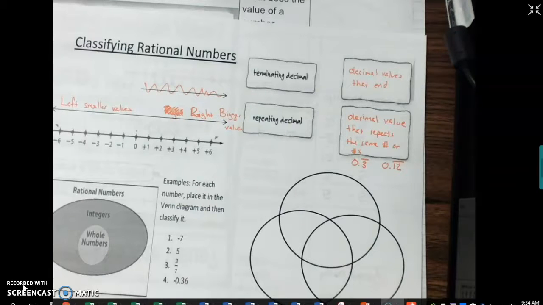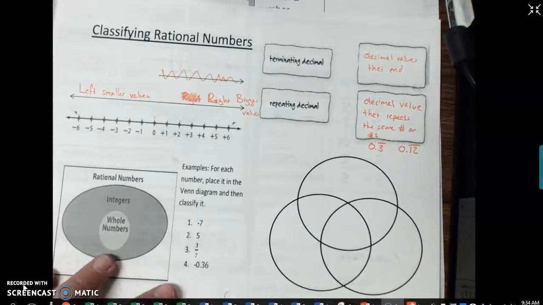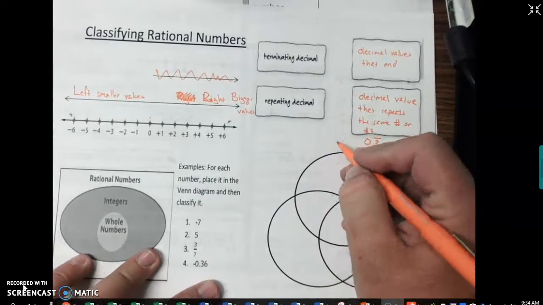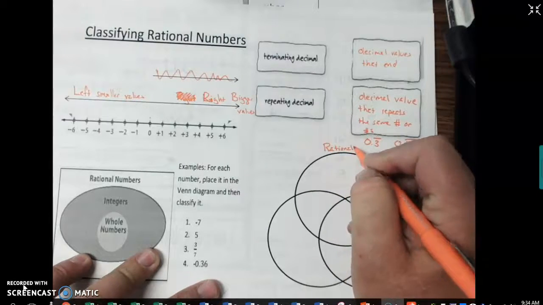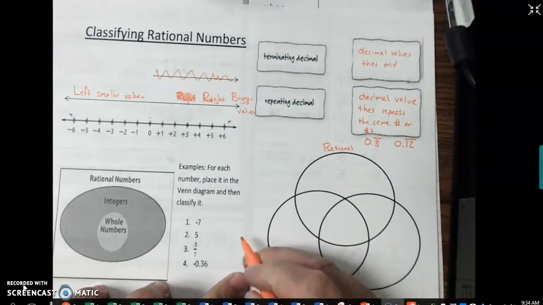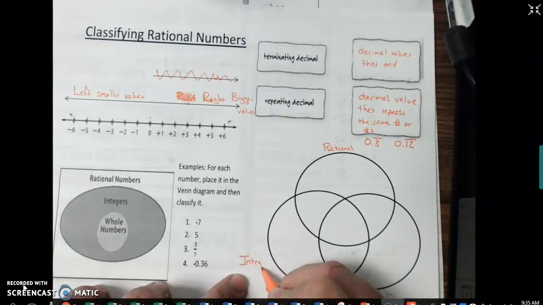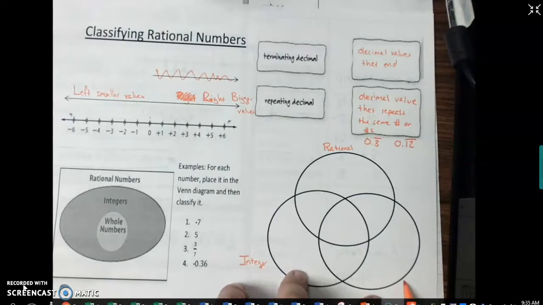Okay. We're going to look at classifying a little bit differently today. This one we're going to call rational. This one we're going to call integer. And the other we're going to call whole.